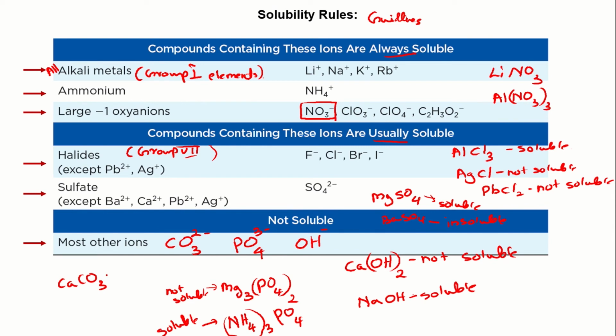Calcium carbonate is not soluble. Why? Carbonates are not usually soluble. This is not soluble. But if you take something like a group 1 metal carbonate, let's take lithium carbonate, now this one is going to be soluble.